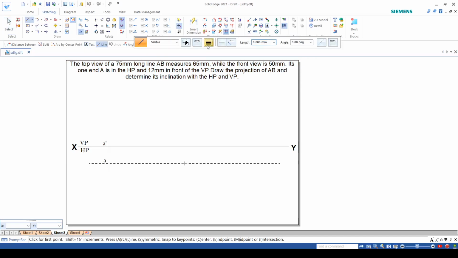I am taking this dark line. Length is 65, and it's in the top view. So top view is this.